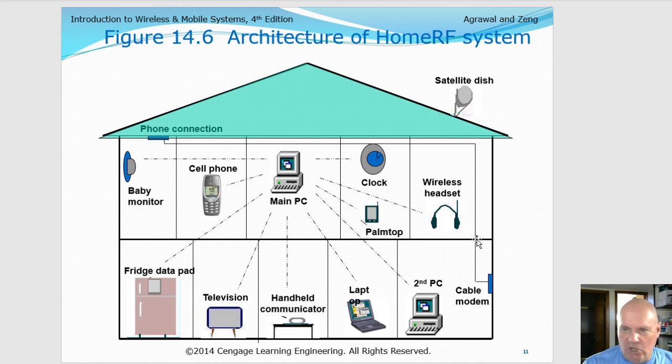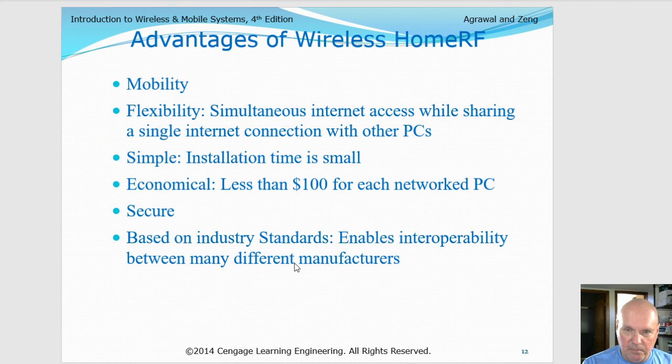Again, this is all obsolete, and now it has been largely replaced with either Wi-Fi connections to an access point, or the other common home networking technology in use now, Bluetooth, particularly for headsets, connections to smartphones, or Bluetooth speakers. That's the other common popular home wireless networking technology.